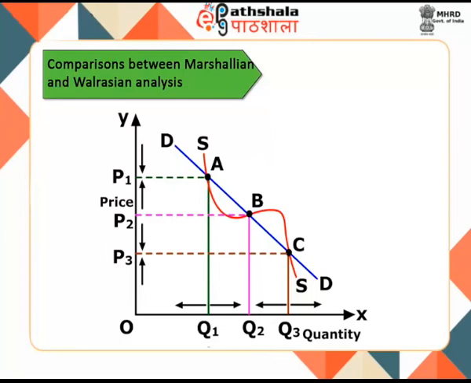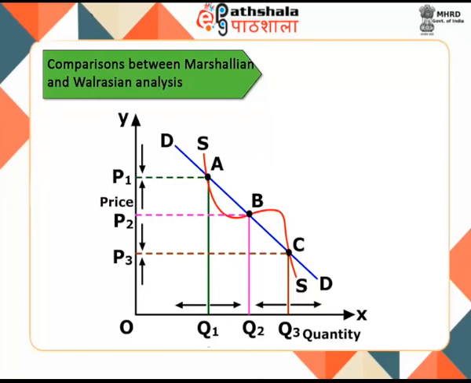Now, according to Walras, when price is above OP1, it will fall as excess demand is negative here. Price will rise between P1 and P2 and will fall between P2 and P3. Price will rise between 0 and OP3 as here excess demand is positive. According to Marshall, quantity will increase when excess demand is positive and will fall when excess demand is negative.